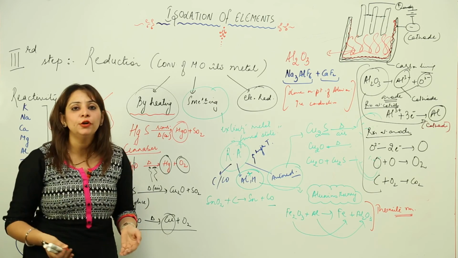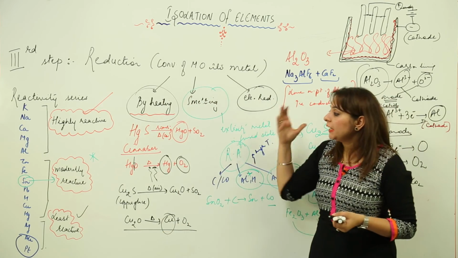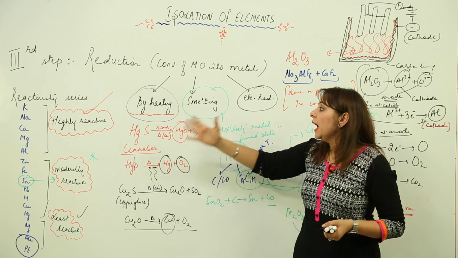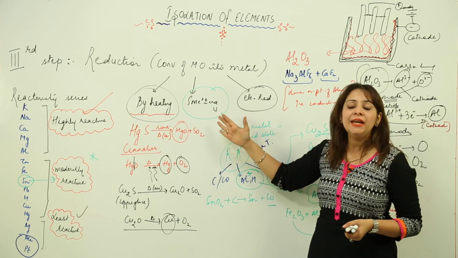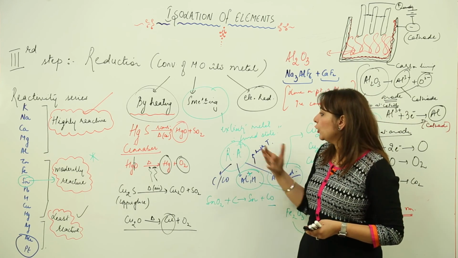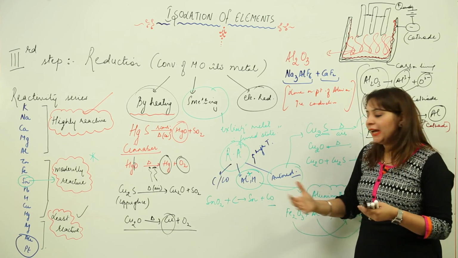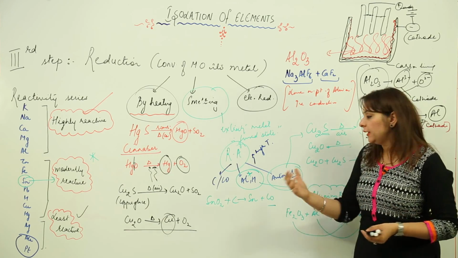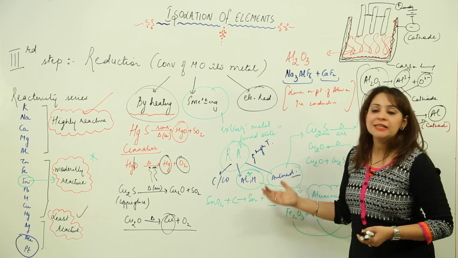So we are successful, because we have reduced the metal oxides by taking into consideration their reactivities and opting for specific methods, that is by heating, by smelting and by electrolytic reduction. This is something important, so just keep it in mind. Try out 2-3 examples, like I did for copper sulfide, try it for another example also, right. So this is the third step.